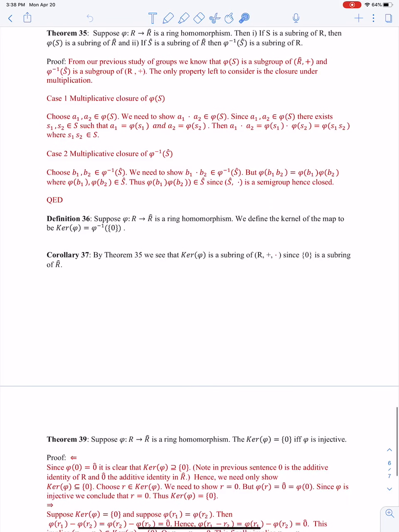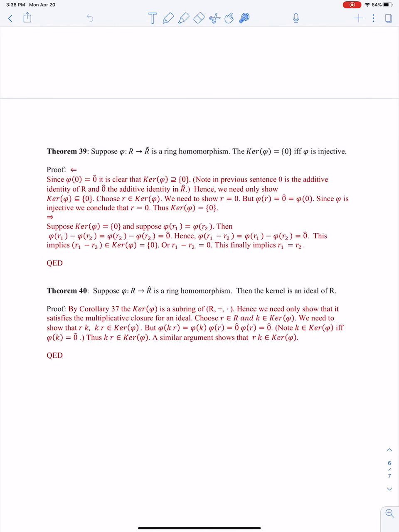And the point being, 0, sure enough, is a subring, and so its inverse image, which is the kernel, must be a subring of R, right? So since 0 is a subring of R hat, and phi is a ring homomorphism, phi inverse of 0 is a subring of R.